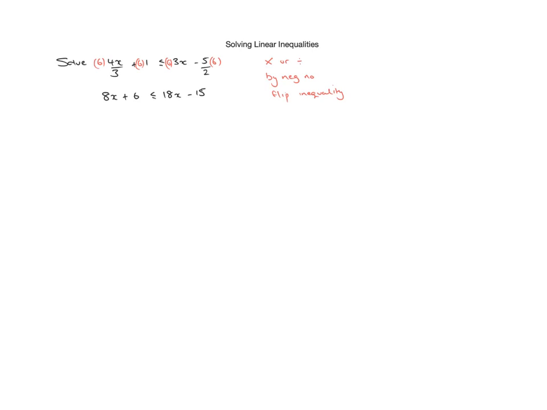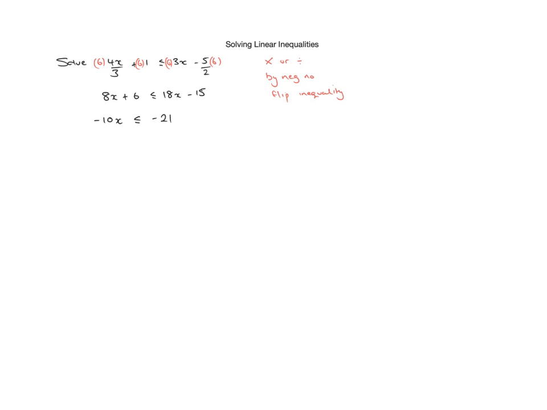So I'm going to take the x's across to the left-hand side, just because I want to prove the point of what's going to go on here. So that now means that I have minus 10x on this side, and I'm going to take the 6 across to the other side. So that's less than or equal to, remember the sign hasn't changed, okay, and minus 21.